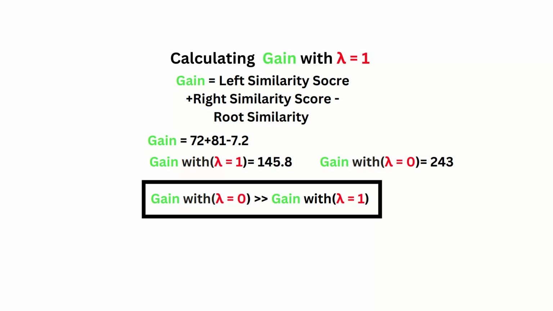We take the left similarity plus the right similarity score and subtract the similarity score of the root, and we get a gain of 145.8 at lambda equal to 1, and we have a gain of 243 at lambda equal to 0. So the gain with lambda equal to 0 is way larger than with lambda equal to 1.